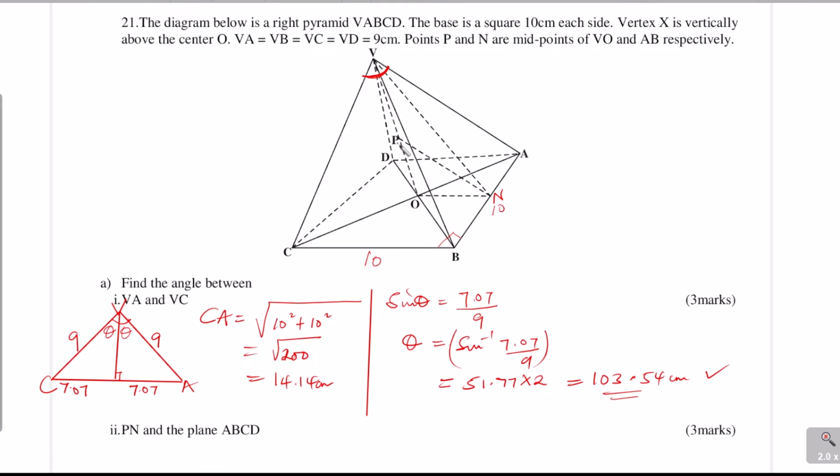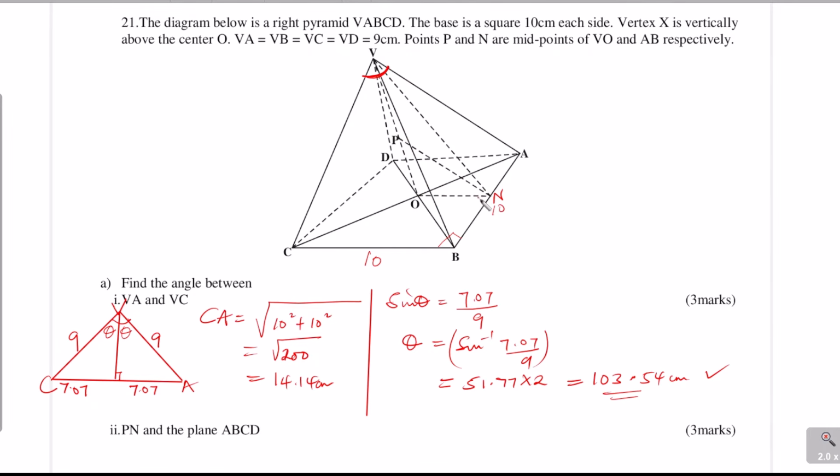So what is the projection of PN on the base, that is ABCD? The projection of PN, or the shadow of PN on the plane ABCD, is NO. So NO is the projection of PN.